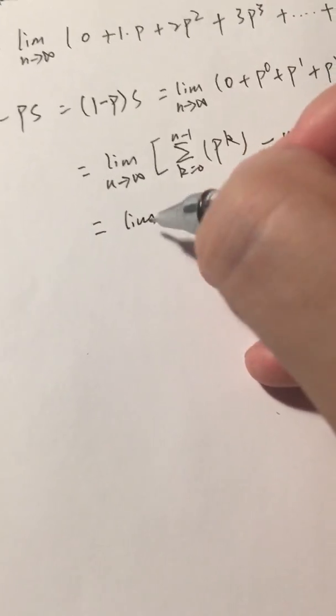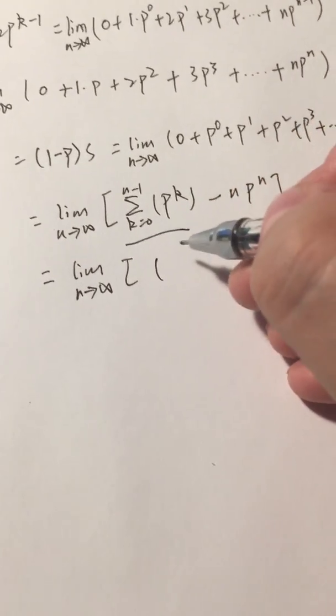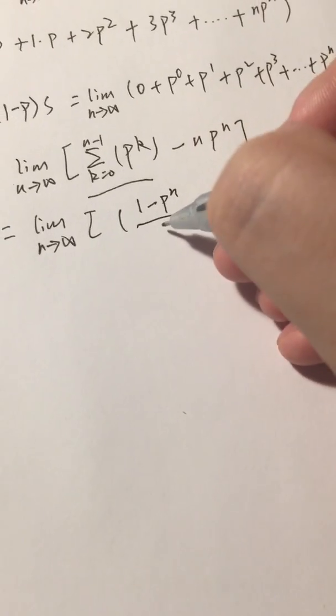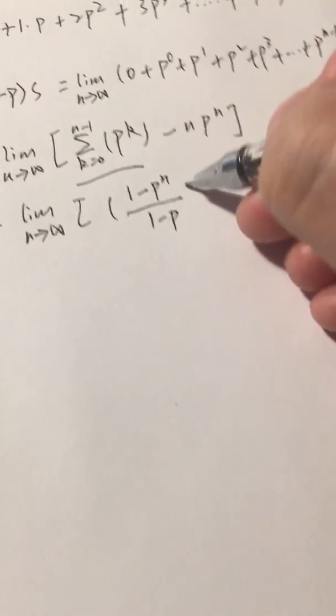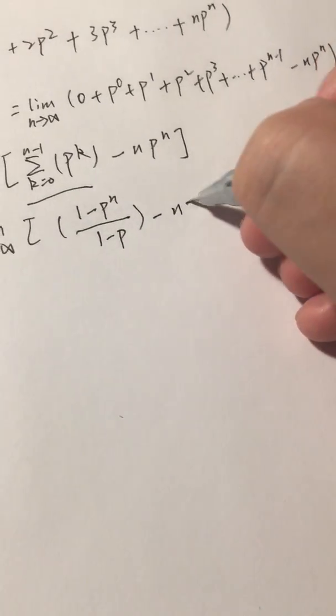This sum equals 1 minus p to the power n divided by 1 minus p, minus n p to the power n.